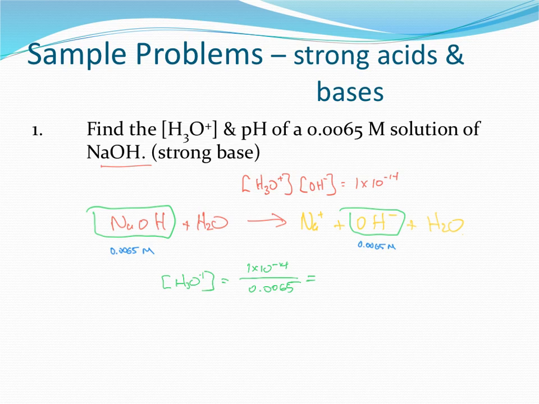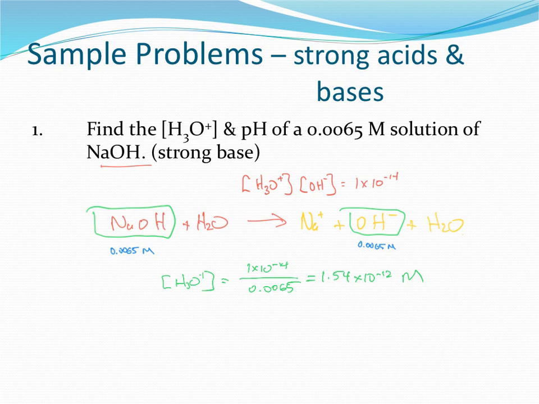Let's go ahead and figure it out. We take 10 to the negative 14 and divide it by 0.0065, and we get 1.54 times 10 to the negative 12. That's the concentration of the hydronium ion.